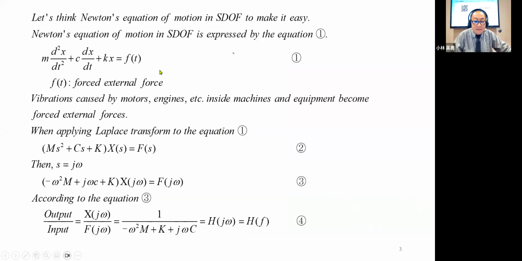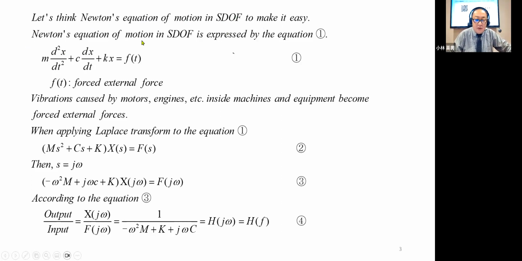From the beginning, let's think about Newton's equation of motion in SDOF. SDOF means single degree of freedom, so the freedom is just 1. This is usually called SDOF to make it easy.